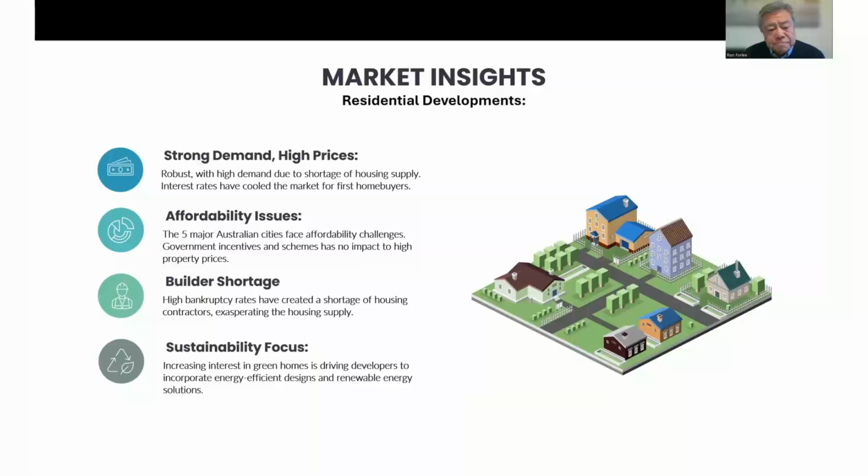Out of all the issues, affordability is the major problem. Even though there are government incentives and schemes, it's taking a lot longer for people to enter the market because of the high property prices, especially in Sydney and Melbourne.